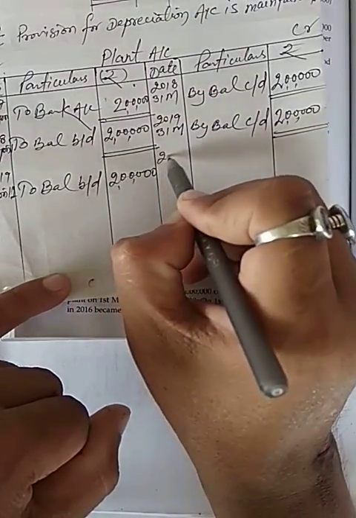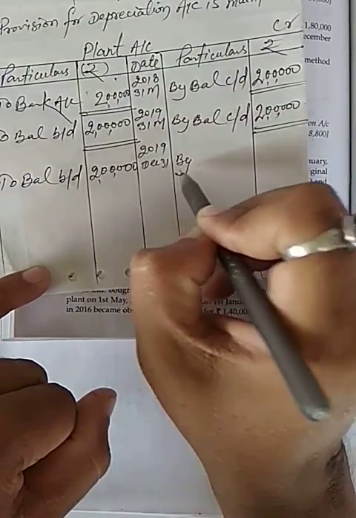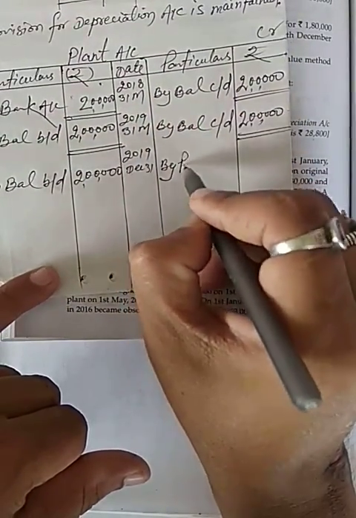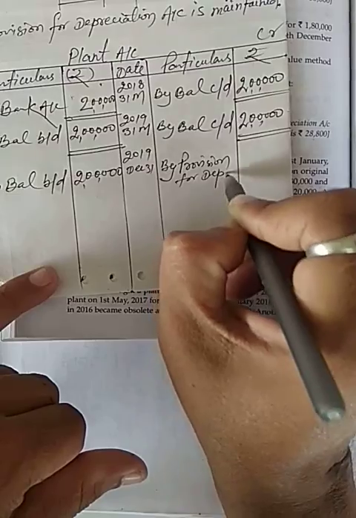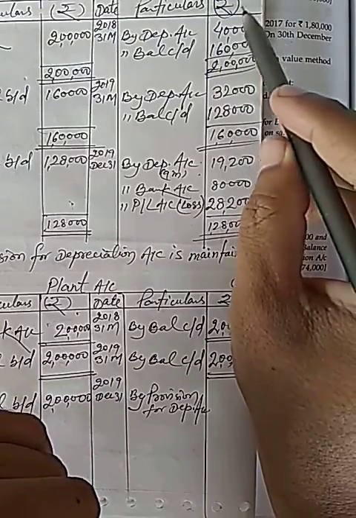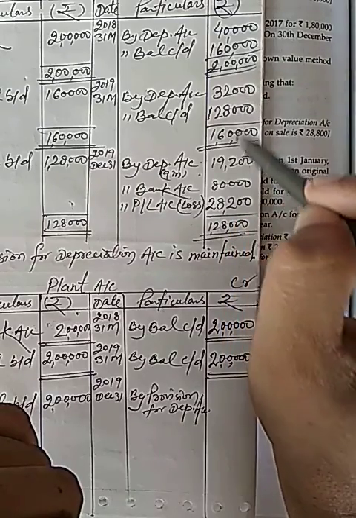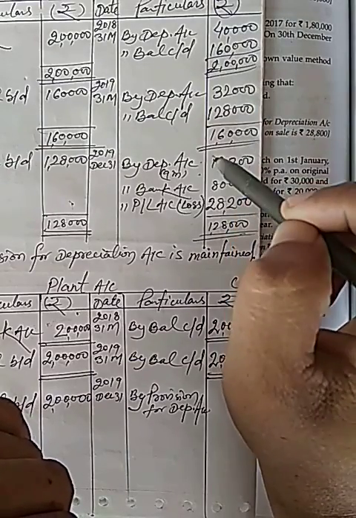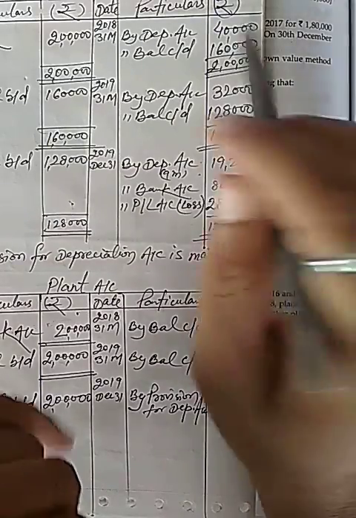Now students, on 2019 December 31st the plant has been sold. So we will write provision for depreciation account, and the total depreciation on this plant will be 40,000 plus 32,000 plus 19,200. So it will be a total of 91,200.